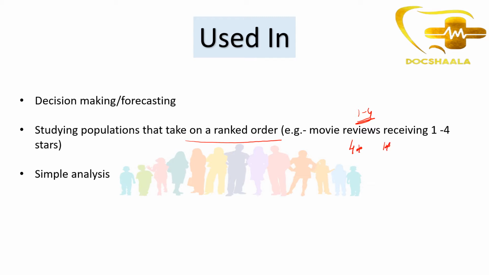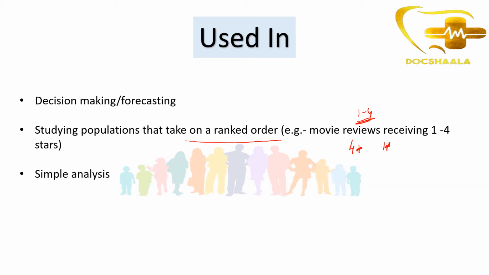Based on the greater percentage that they have voted, we review the movie as good, bad, average, or whatever it is. In this we know that the population distribution is very wide. We don't know the range of the population that it is covering.